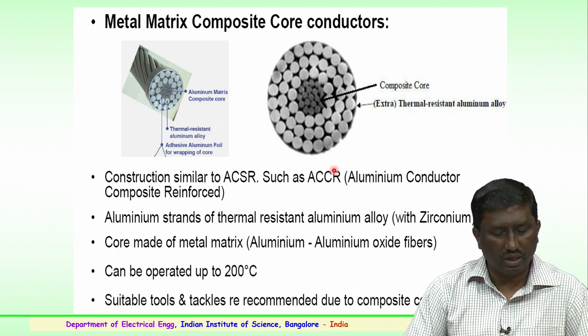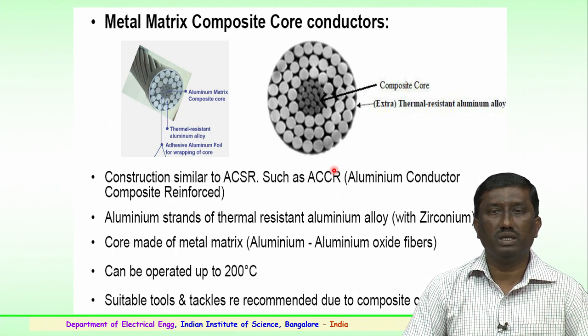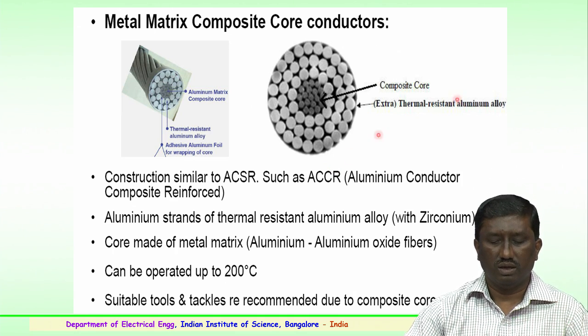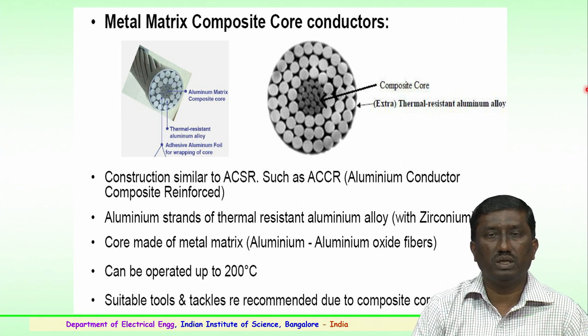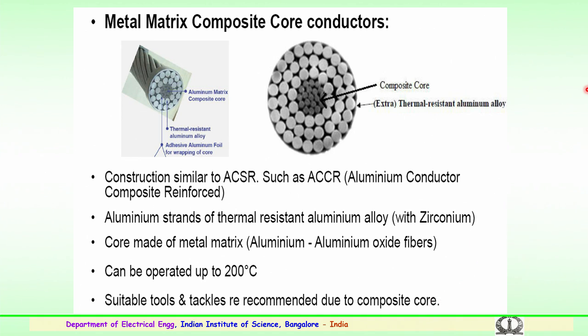It is similar in construction to the ACSR conductor and also similar to the ACCR conductor with the composite reinforcement. For this type of conductor, the aluminum strands are again thermal resistant, like the aluminum alloy containing zirconium in its composition.